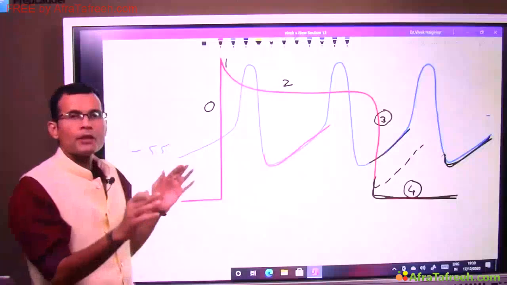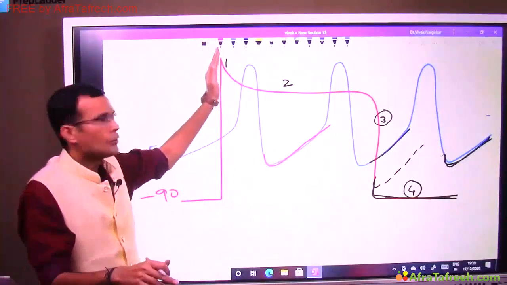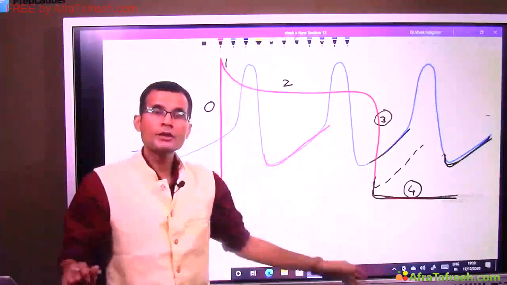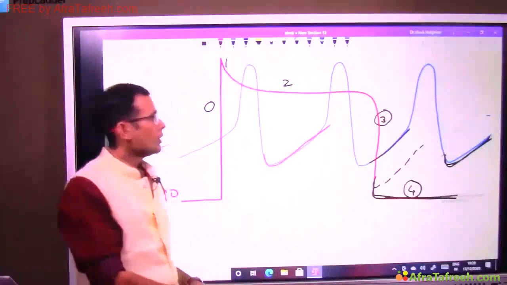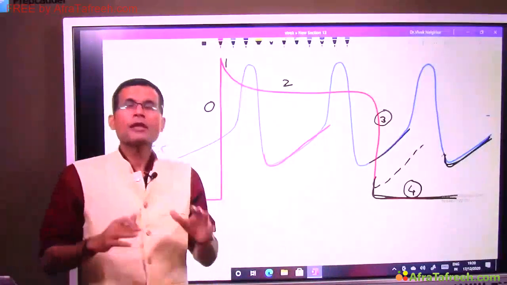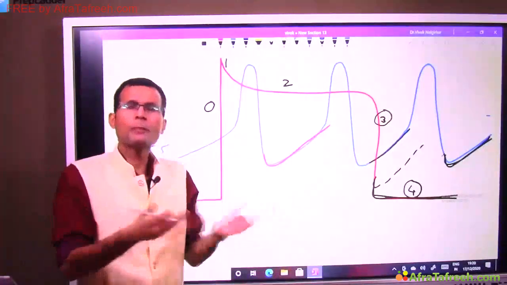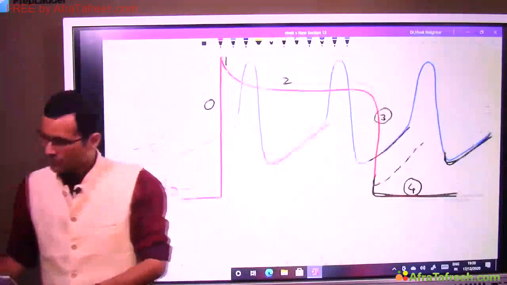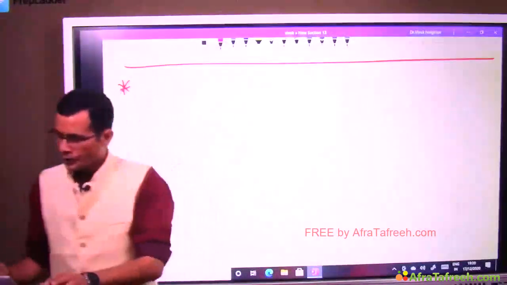And look at the Purkinje fiber. Its depolarization is rapid, but its repolarization is prolonged. The recovery is slow. So the next question is, what depends on the rate of depolarization? What depends on the rate of repolarization? That's the next small discussion.